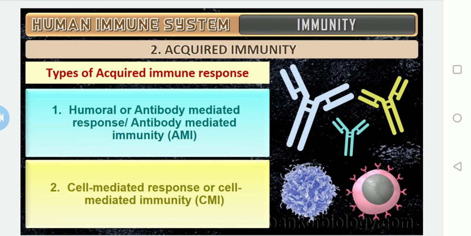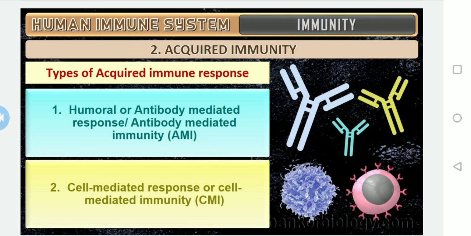What about the AMI? AMI is antibody mediated immunity. It is also known as antibody mediated response or humoral immunity. That is, the B lymphocytes act indirectly against antigens by producing antibodies. So this is called humoral immunity.